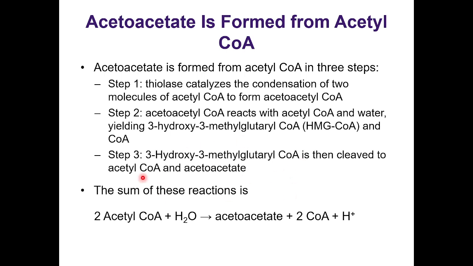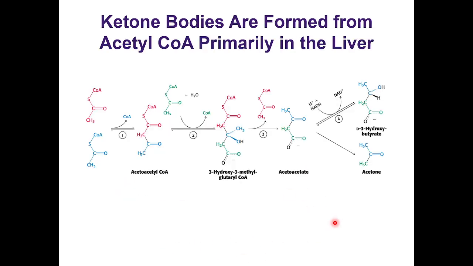The sum of these reactions is actually this right here, this being the pathway. And so we have 2 of these acetyl-CoAs coming in. We'll lose 1 CoA, we'll get acetoacetyl-CoA, and then we need another acetyl-CoA. This is then going to come in, we lose the CoA, we use up a water, and this will give us our 3-hydroxy-3-methylglutaryl-CoA right here.